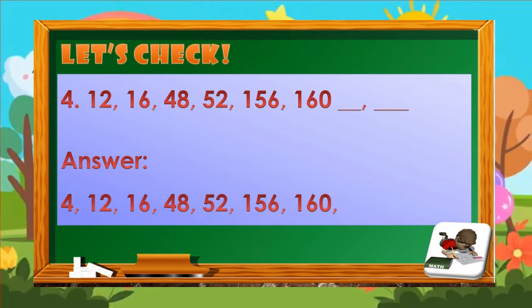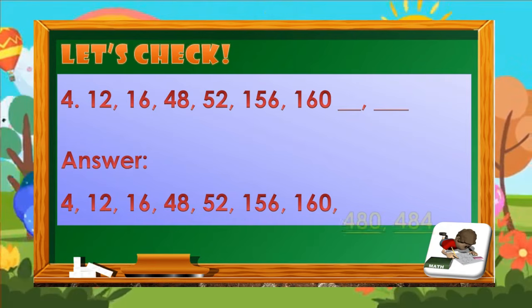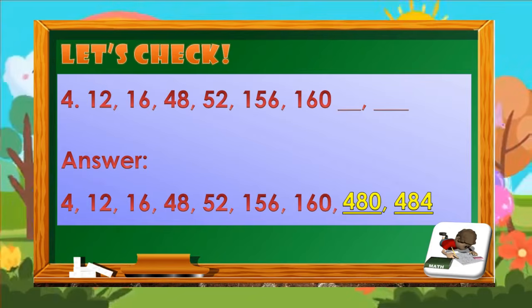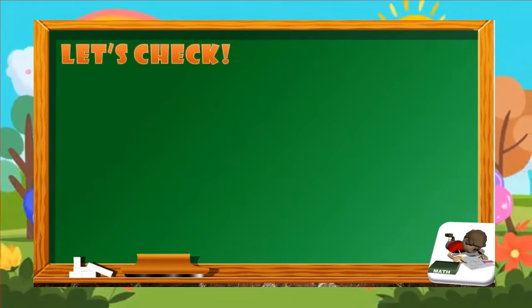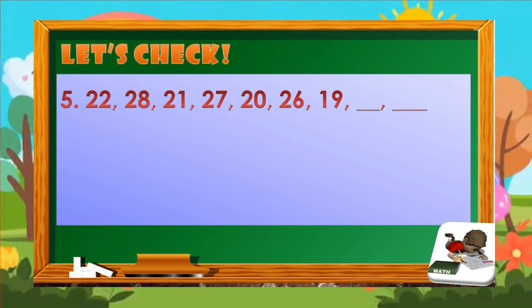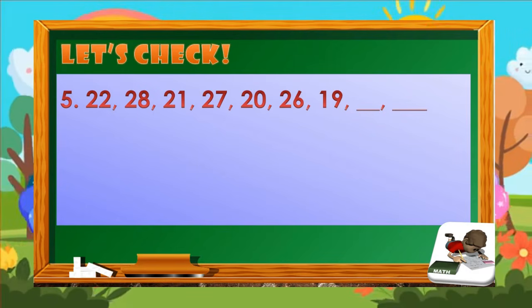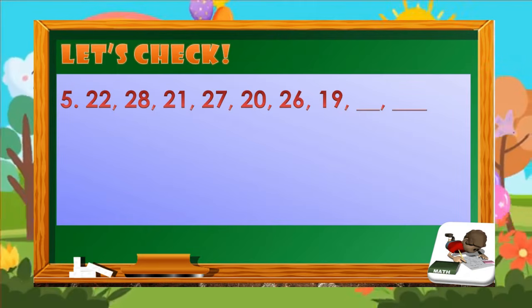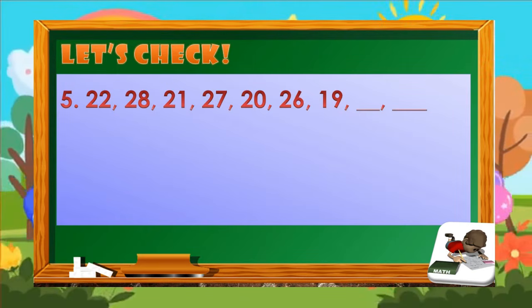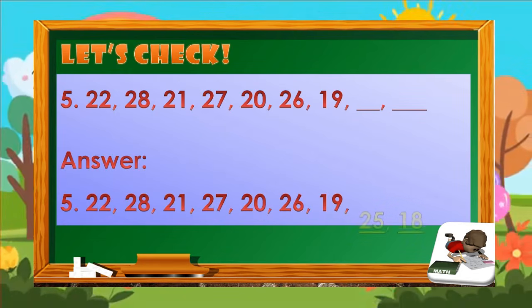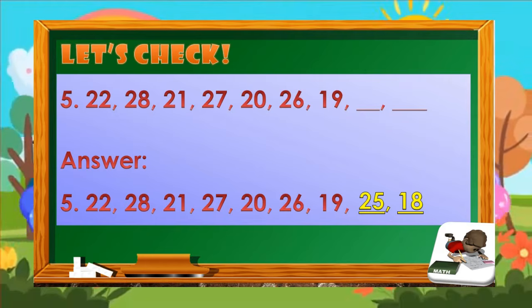And the answer for number 4 are 480 and 484. And lastly, for number 5, the given numbers are 22, 28, 21, 27, 20, 26, and 19. And the next two numbers are 25 and 18.